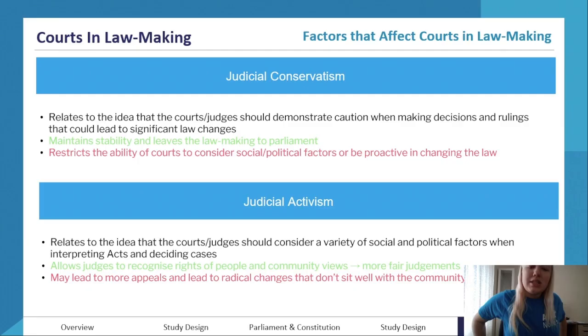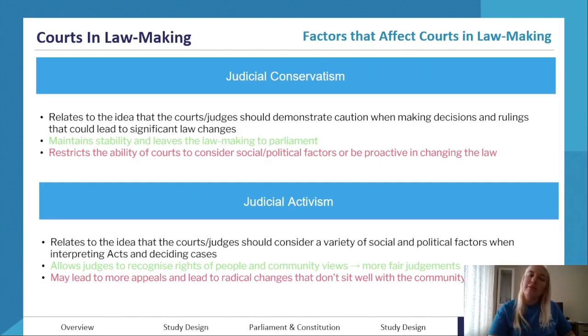Now, judicial conservatism and activism. So these refer to different approaches to being a judge. Conservatism relates to the idea that courts and judges should demonstrate caution when making decisions and rulings that could lead to significant law changes.